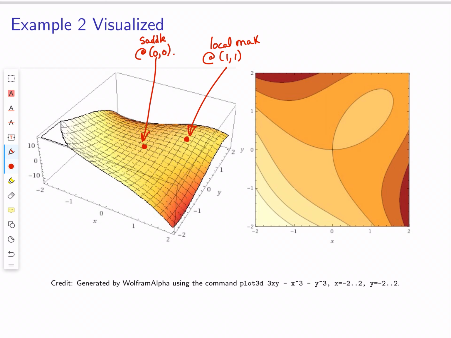Okay? And if you're looking on the contour plot, this here corresponds to the saddle at (0, 0), and the local max is right over there at (1, 1). So there's a local max at the point (1, 1). Okay.